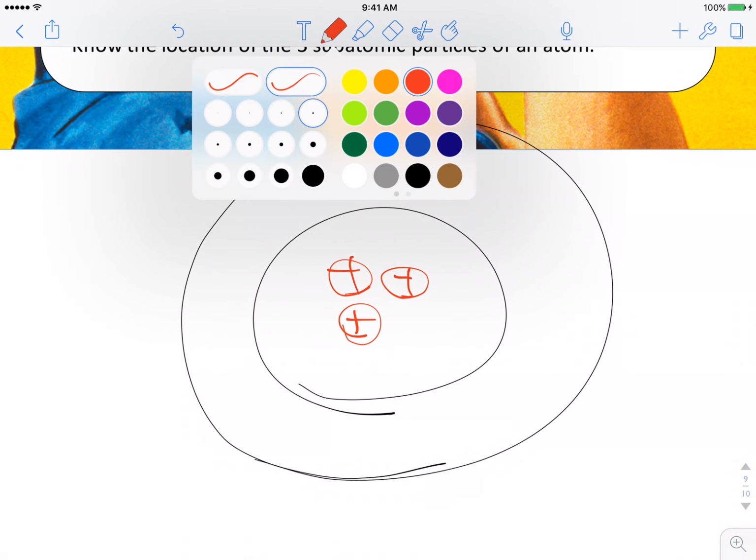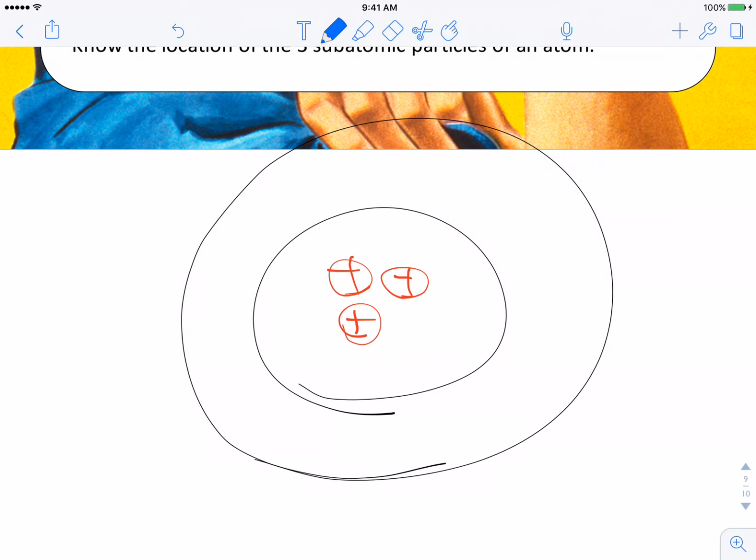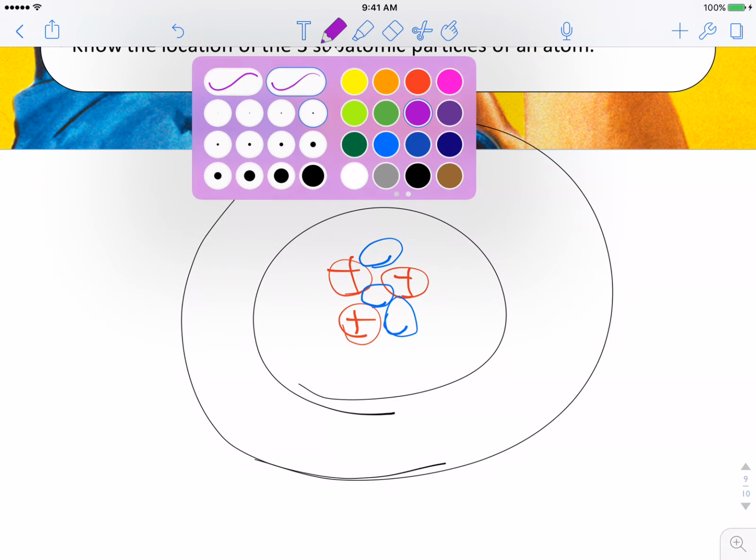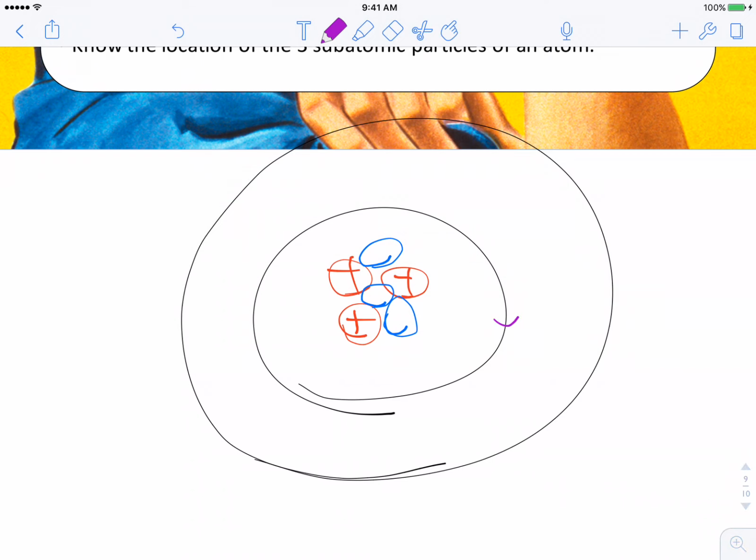Neutrons are also in the center. This is called the nucleus. And electrons orbit around it. So we'll have 2 over here, and then we'll have 1 over here. The location of the subatomic particles is important to remember. That's all. El fin.